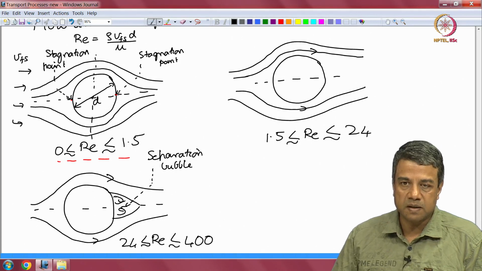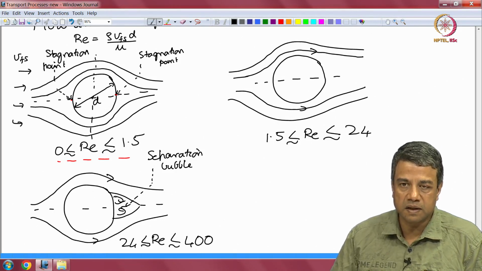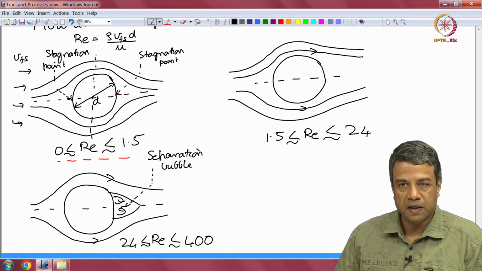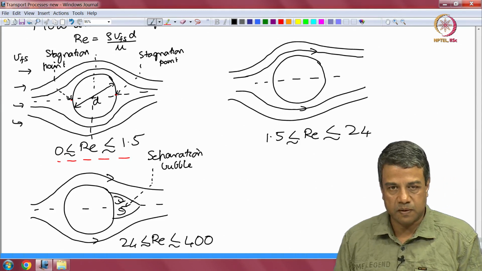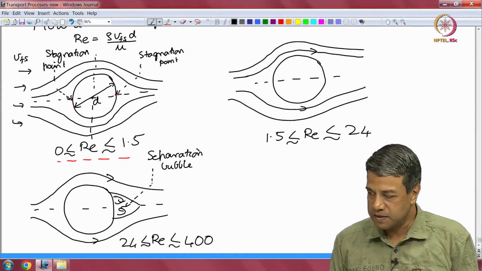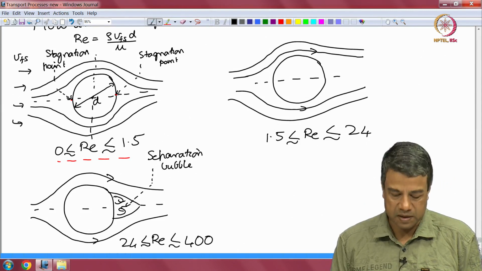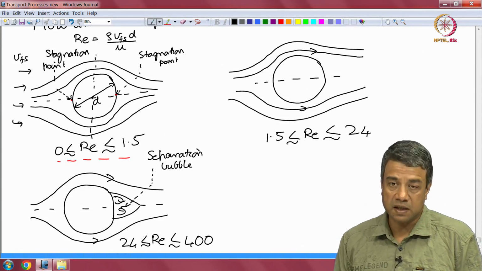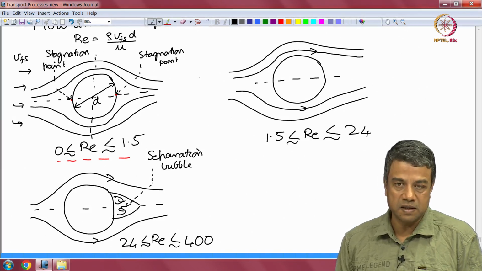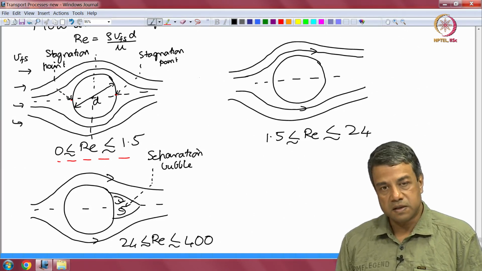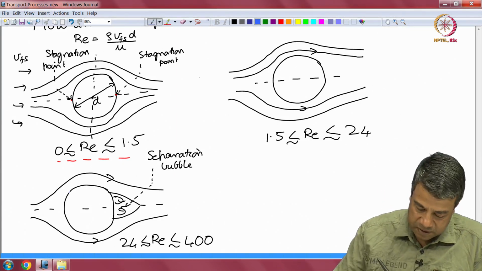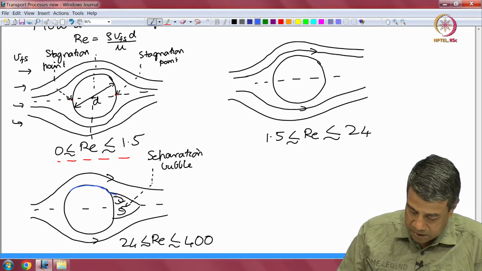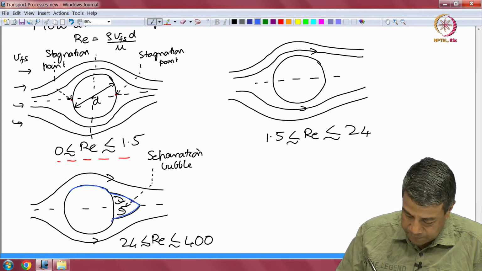Rather, there is a separation bubble which consists of constantly recirculating fluid on the downstream side. And the velocity that is coming from the upstream side goes around the separation bubble. So, this is the formation of a separation bubble on the downstream side. This is what is called an attached separation bubble. So, effectively the shape of the flow around the sphere is not the shape of the sphere itself, but rather the shape of the flow around the sphere consists of the sphere on the upstream side plus the separation bubble.